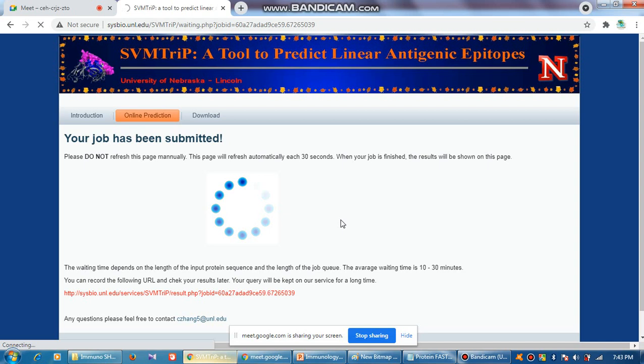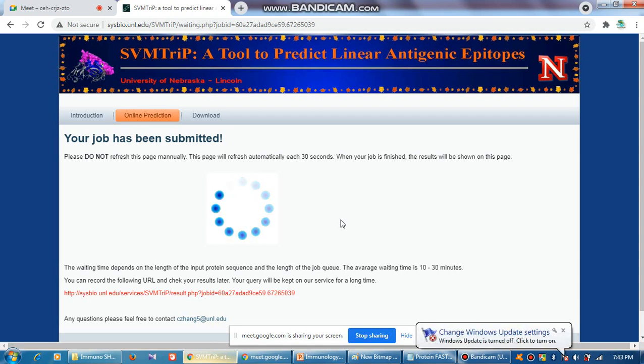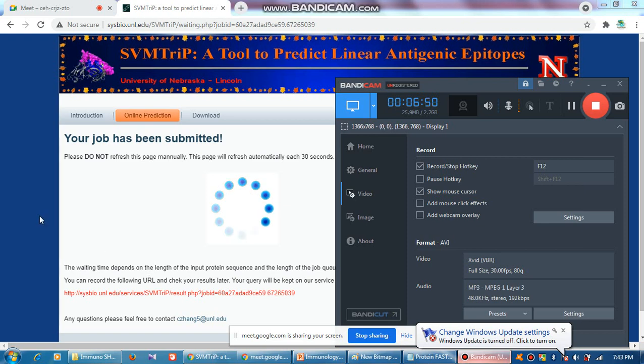Why is it taking time? Because it is searching a huge database and then trying to find out where exactly the antigenic epitopes are. The stronger the antigenic epitopes, the better the vaccine it will lead to. This is the idea.